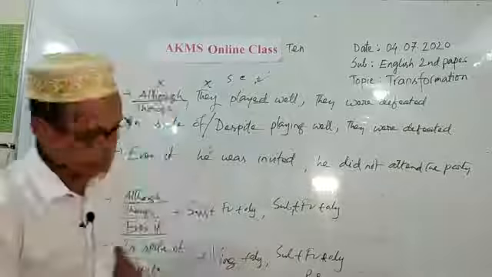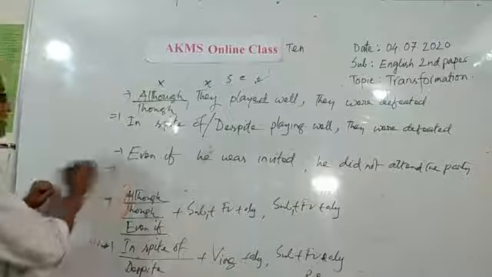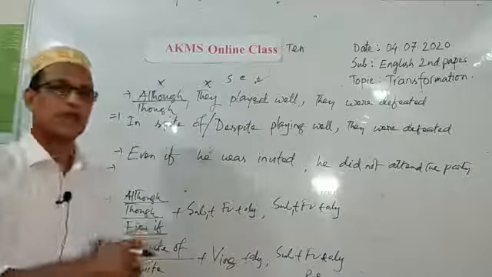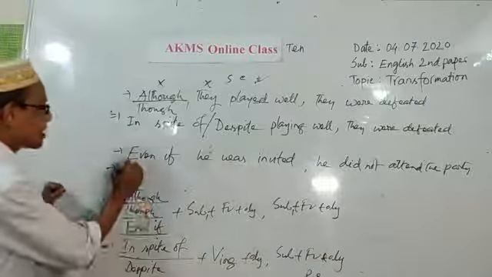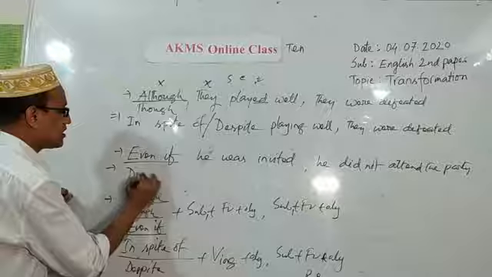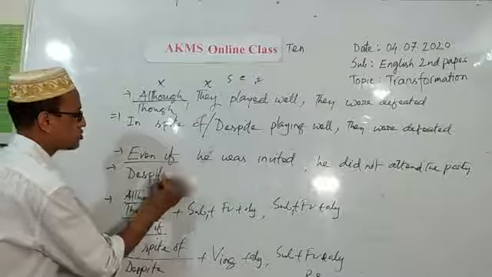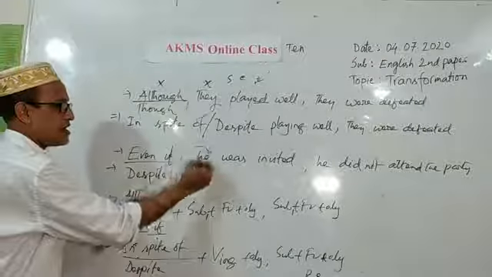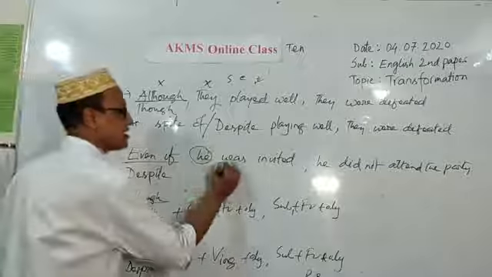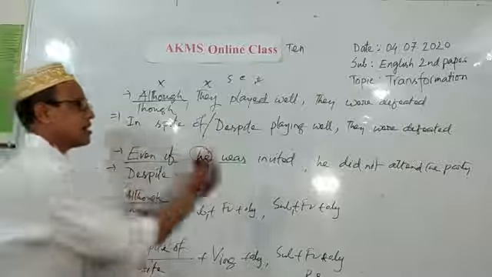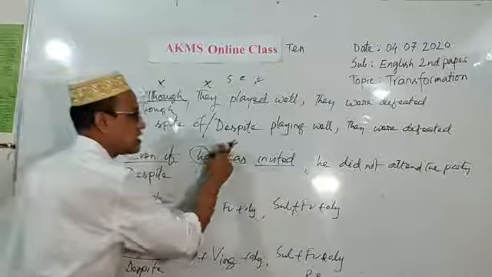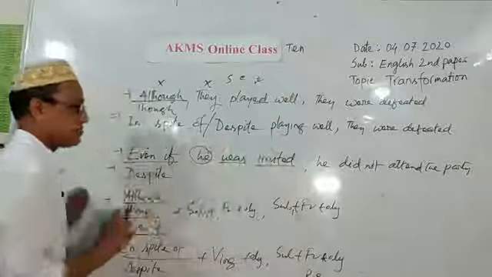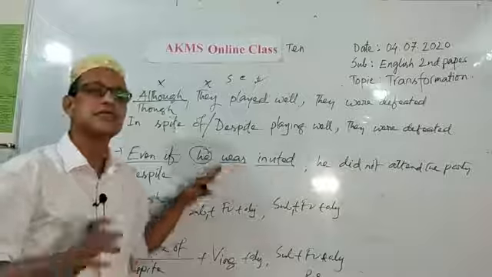Okay? Now, dear students, how can I transform this complex sentence into simple? Even if, I can write despite. Despite, I will erase the subject, and here was is the auxiliary verb and invited is the principal verb. And the clause is in passive mode.